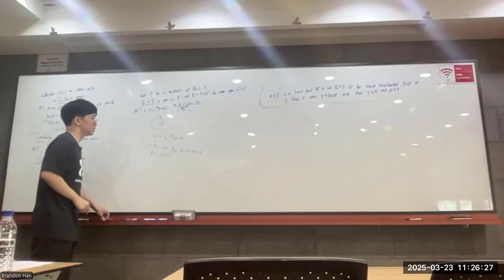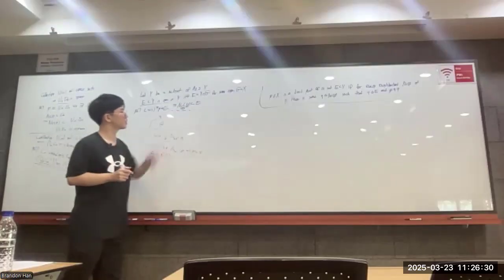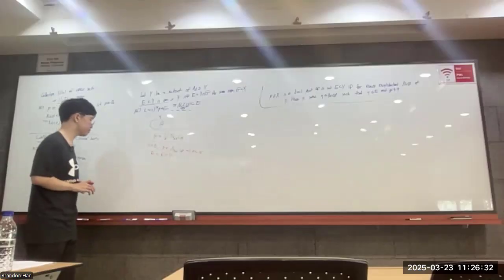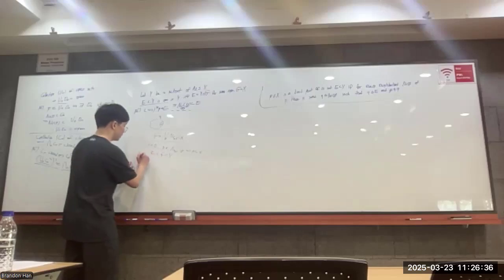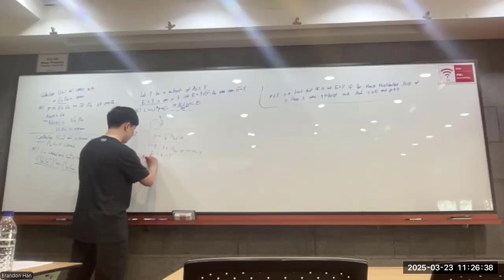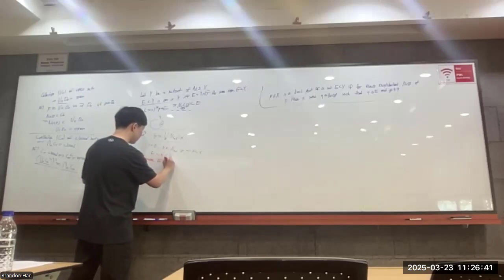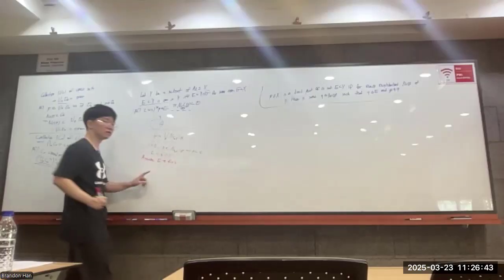And we want to go one step further. We want to show that these two sets are equivalent. And to show that, assume that E is actually not equal to this intersection, right?